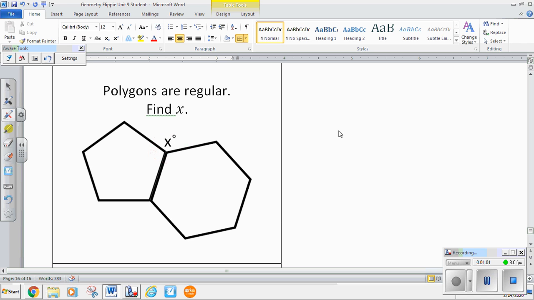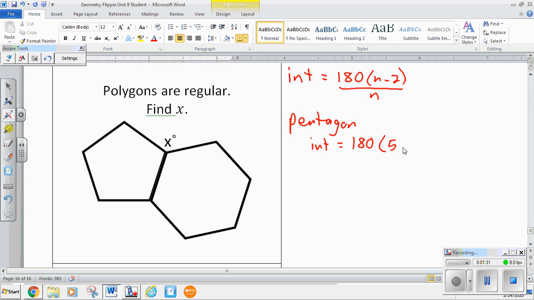To find one angle of a regular polygon, one interior angle, we use the formula interior angle equals 180 times n minus 2 all over n, where n is the number of sides of the polygon. For the pentagon, one interior angle equals 180 times 5 minus 2 all over 5, which is 108.